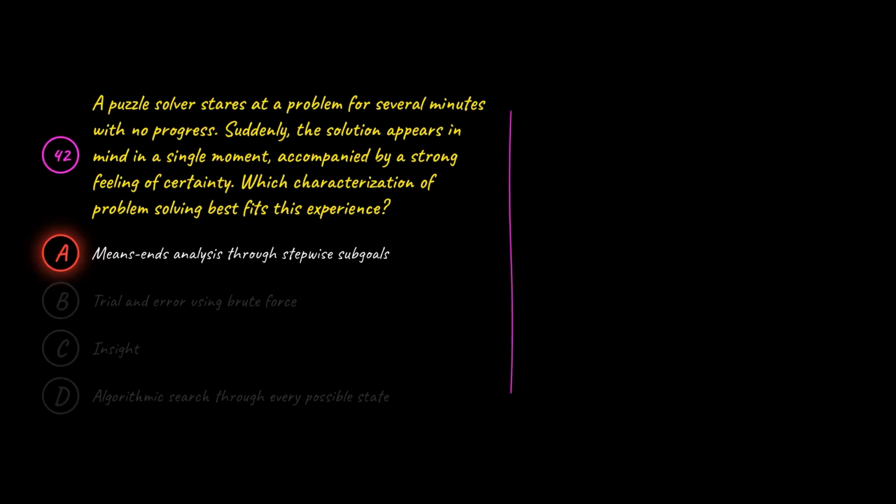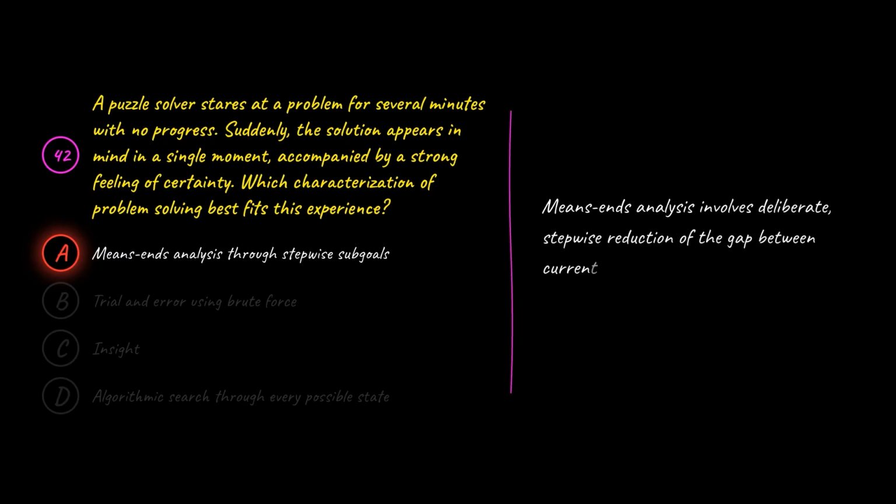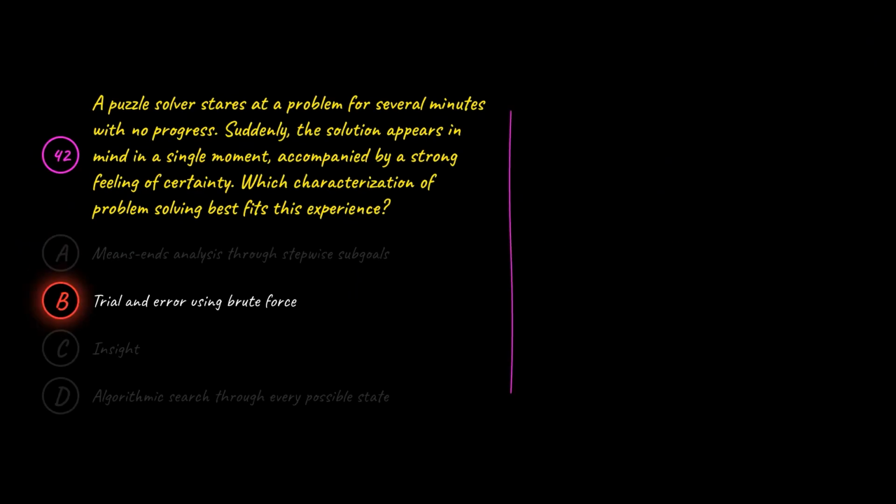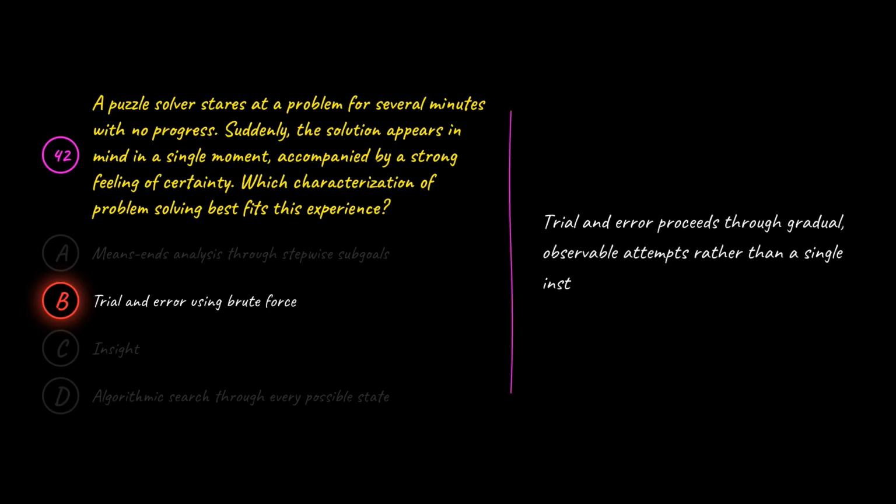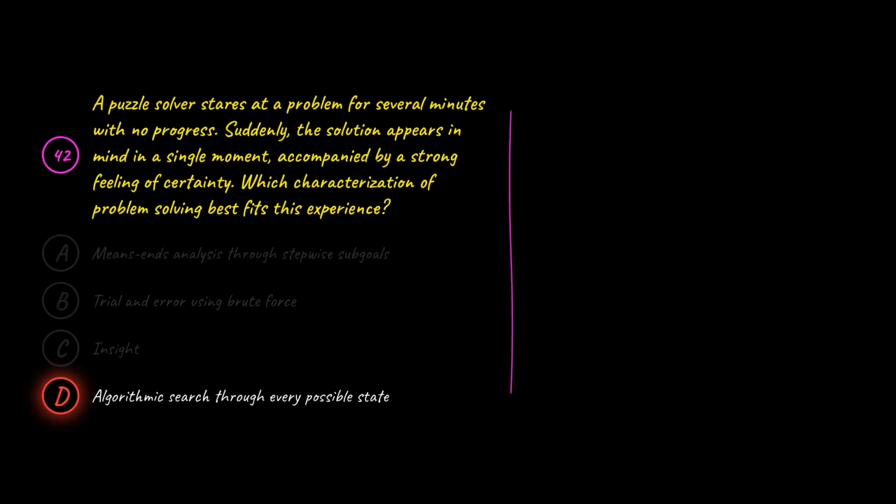A is wrong because means-ends analysis involves deliberate, stepwise reduction of the gap between current and goal states, not a sudden flash of solution. B is wrong because trial and error proceeds through gradual, observable attempts rather than a single instantaneous solution. D is wrong because algorithmic search systematically considers every possible state, a deliberate process that does not match the abrupt feeling described.